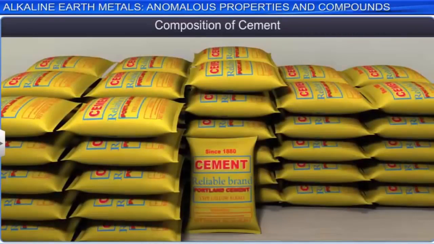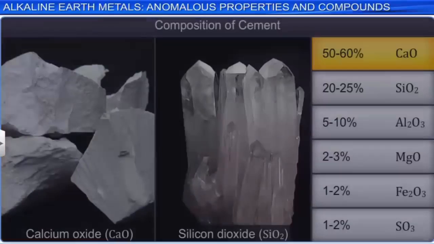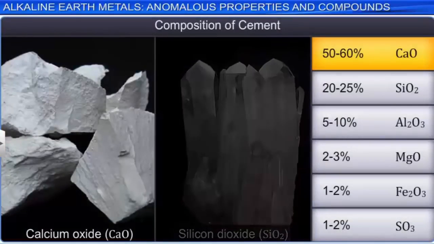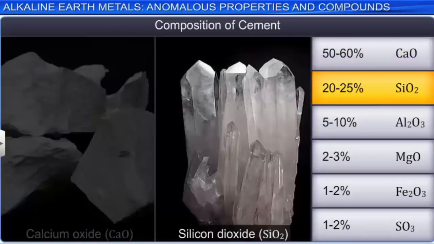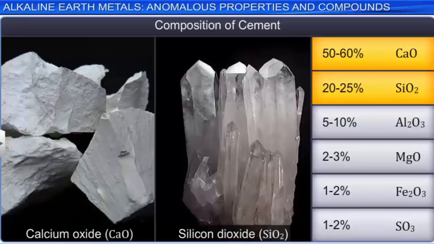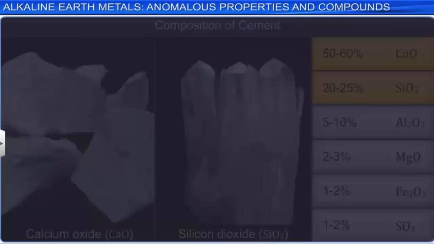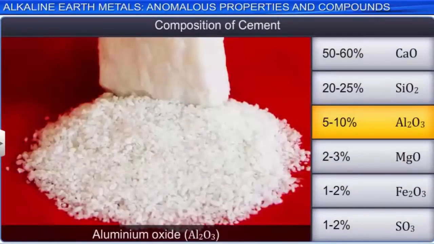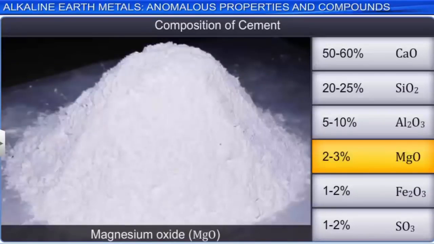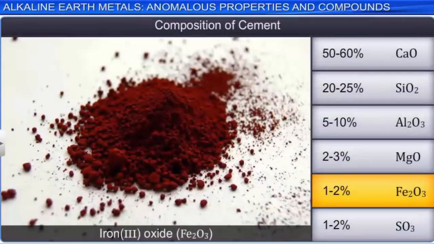Portland cement typically contains 50 to 60% of calcium oxide and 20 to 25% silicon dioxide as its main components. Cement also contains 5 to 10% aluminium oxide, 2 to 3% magnesium oxide, 1 to 2% iron(III) oxide, and 1 to 2% sulfur trioxide.